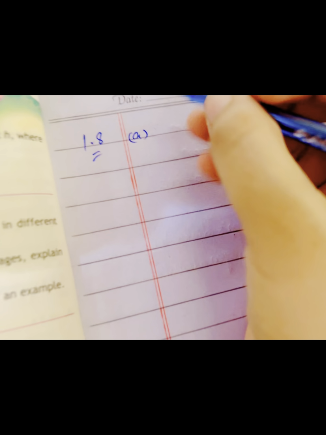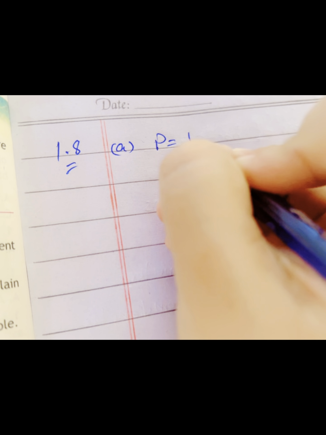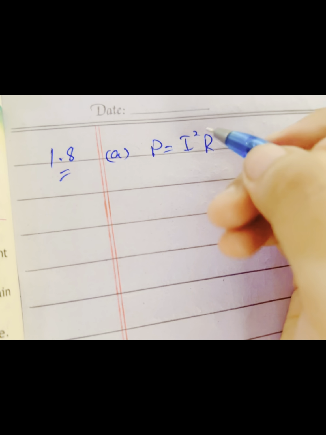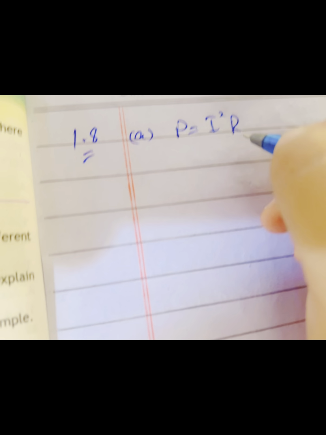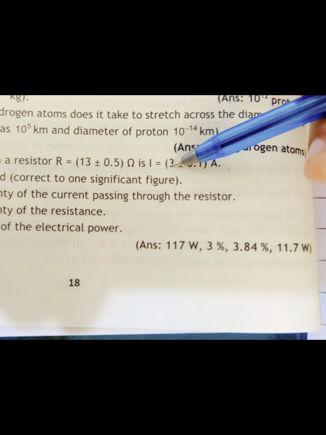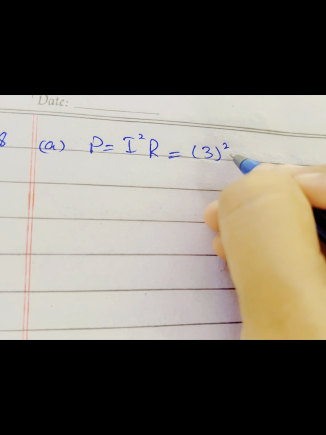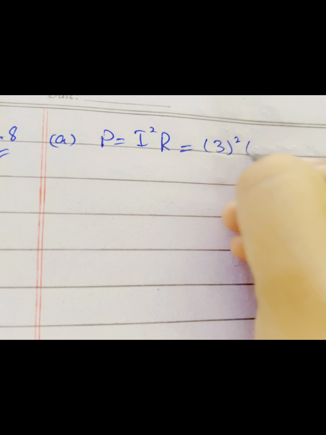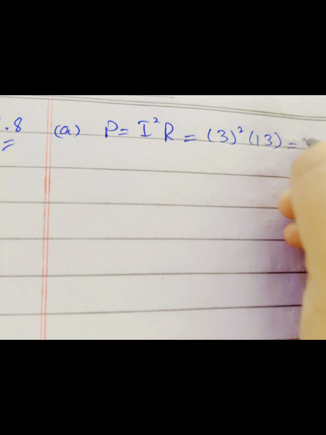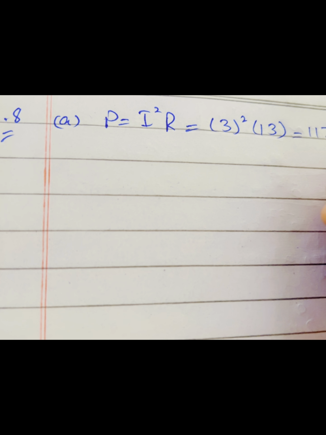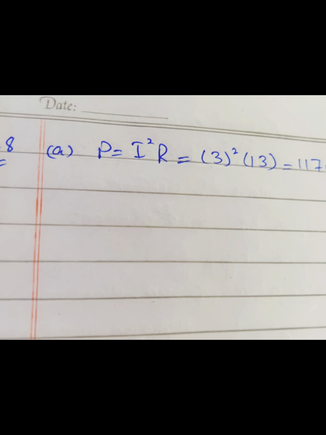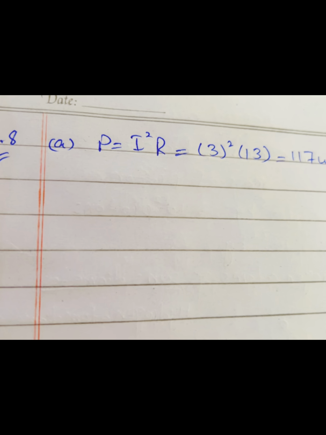For power we have the formula P is equal to I square R, and we have values from the given data. For I we have the value 3 and for R we have 13. So we can use 3 square multiplied by 13 ohms. It would become 117 watt. So this is the answer of the first part.